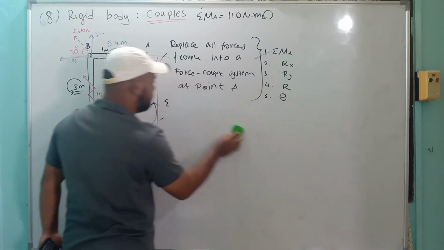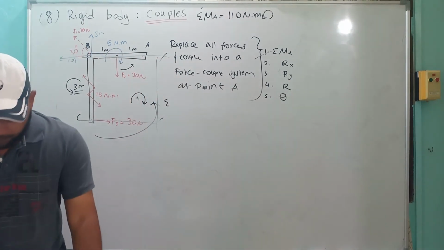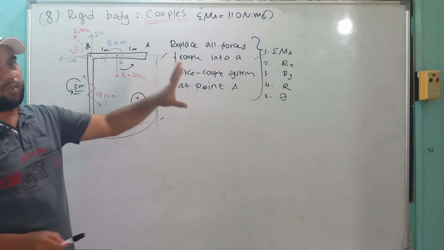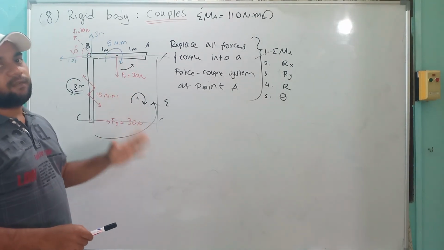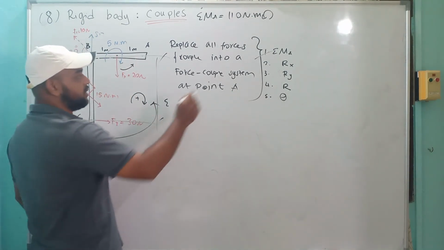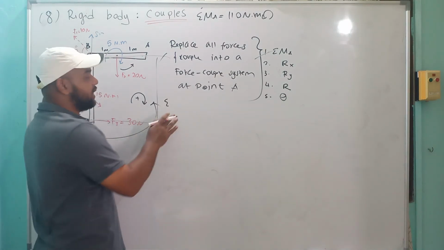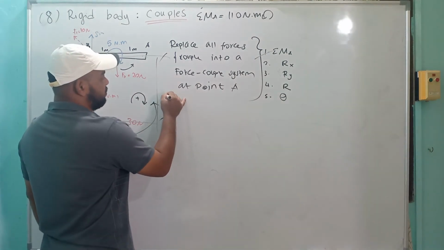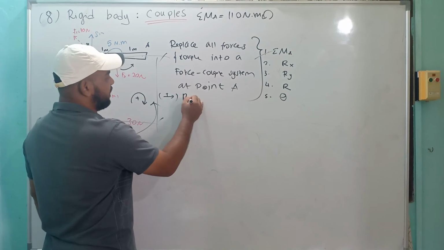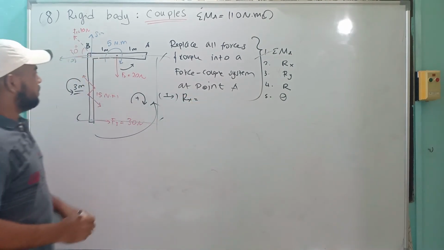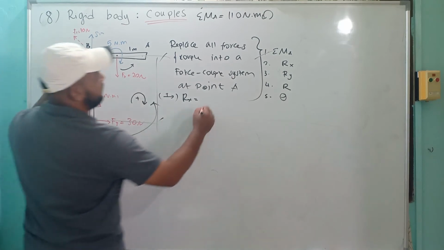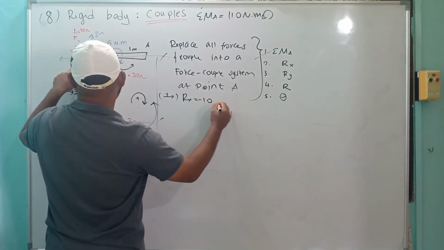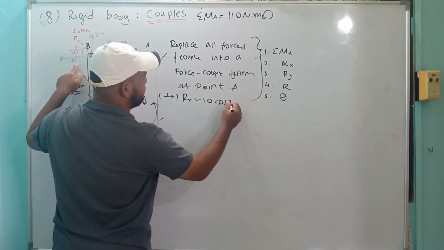Erase this one. Okay, the first one is to calculate the moment created by this couple and by the forces. The second part is to calculate the sigma F, which is the Rx. One direction is positive, Rx equal to, so this is in one direction, this is negative, so we have minus 10 cos 30.